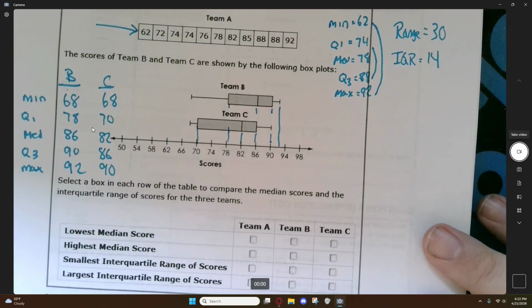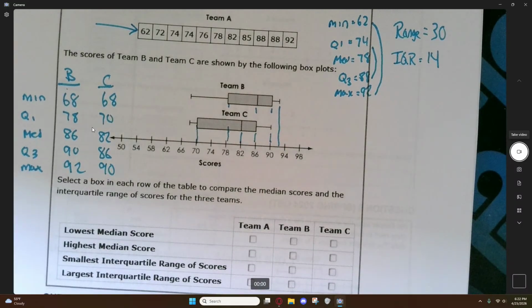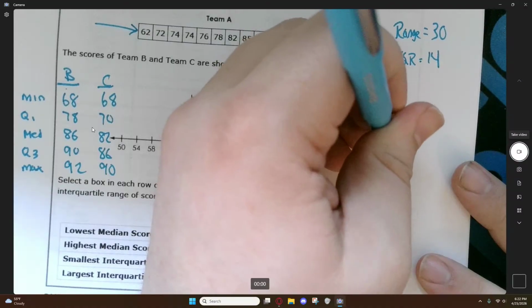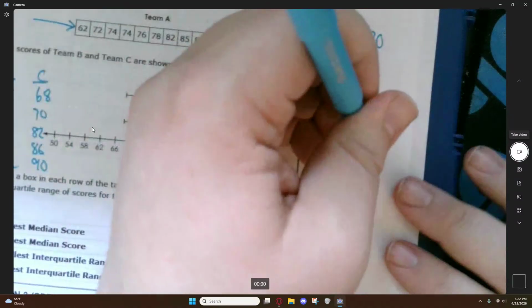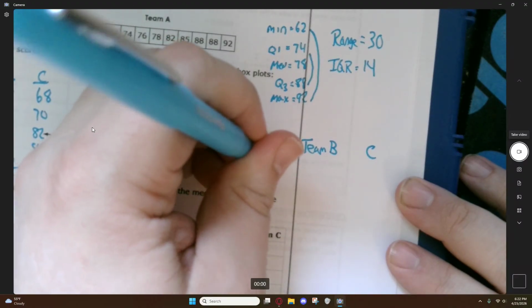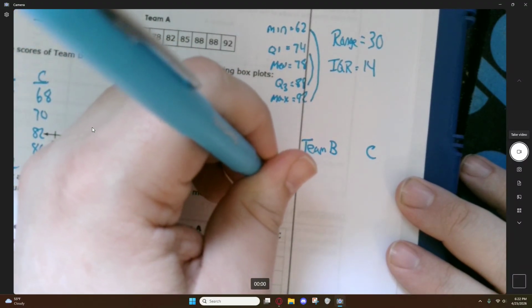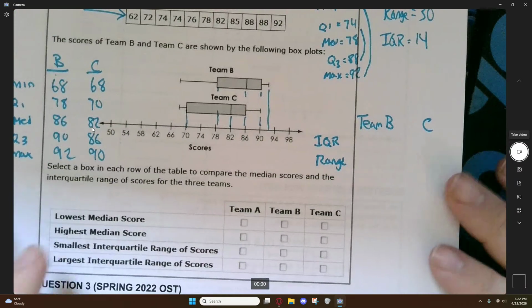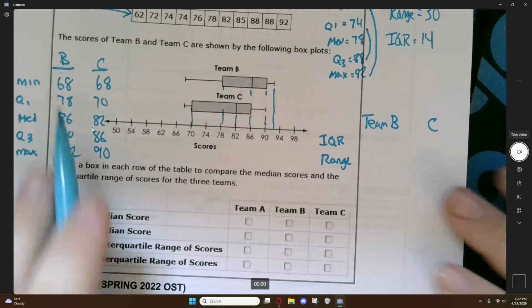So, what do we do with all this information? Well, Team B and C have an interquartile range and a range. The range for Team B would be 92 minus 68.